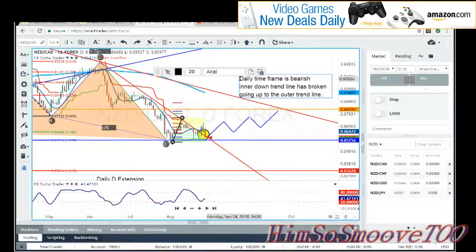Okay, we're looking for a buy signal up to the 118 fib extension, the fib sub extension.